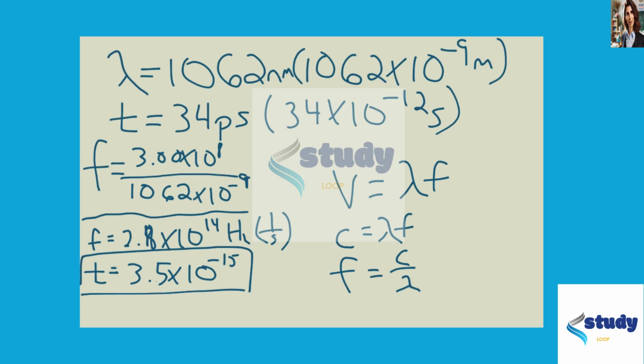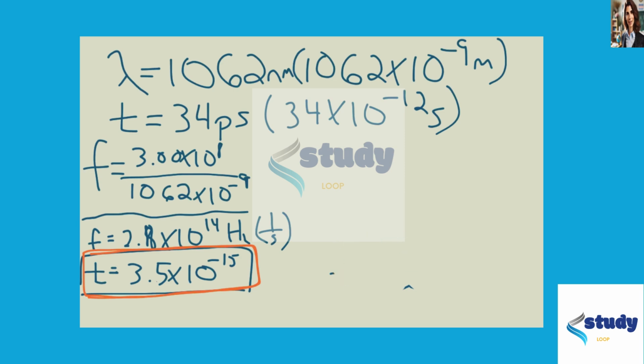Okay, so now we will go back. Just keep that here. That's our second answer. We will go back and make a ratio of that with our original time that they gave us to figure out how many wavelengths fit.